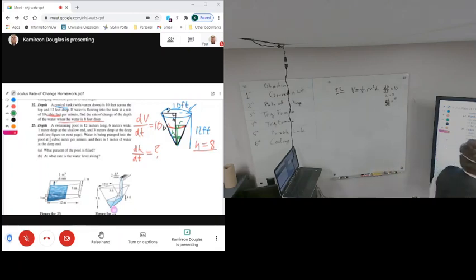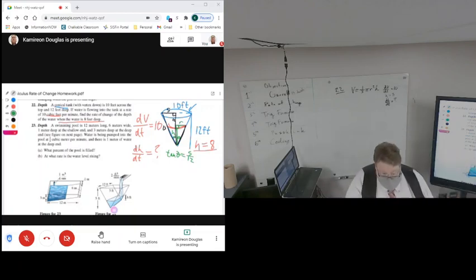Here's what I mean. In the big black triangle, tangent of theta would be equal to opposite 5 over adjacent 12. Now in the smaller triangle, which also has the exact same theta, it should also have a tangent relationship.